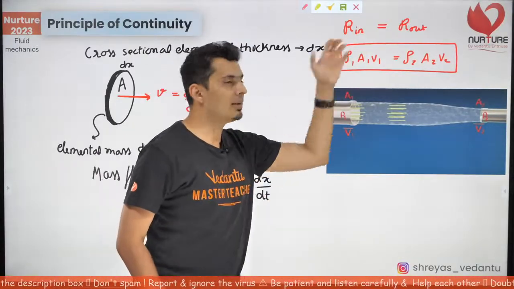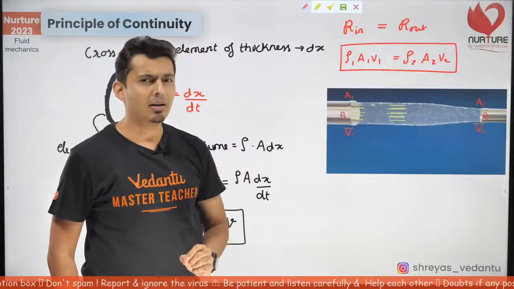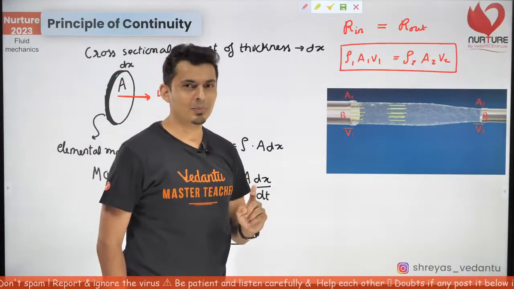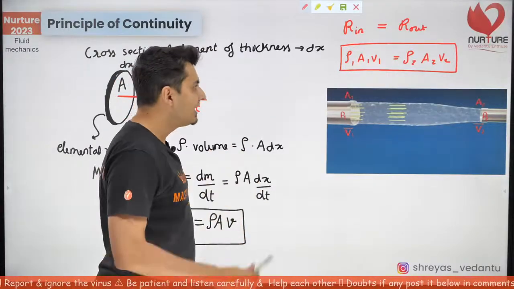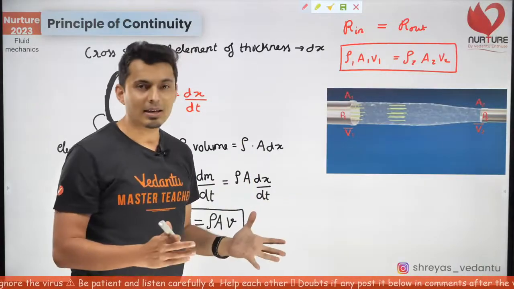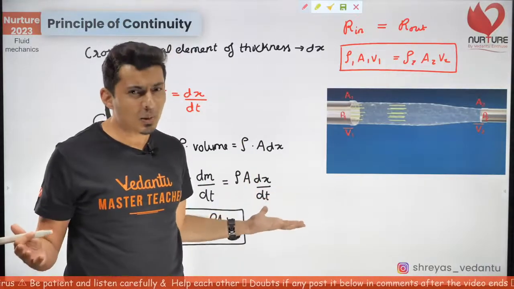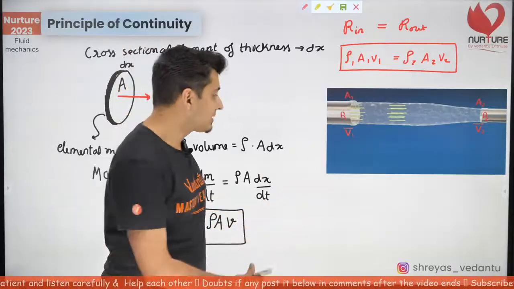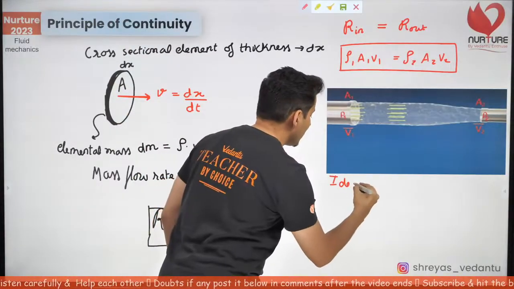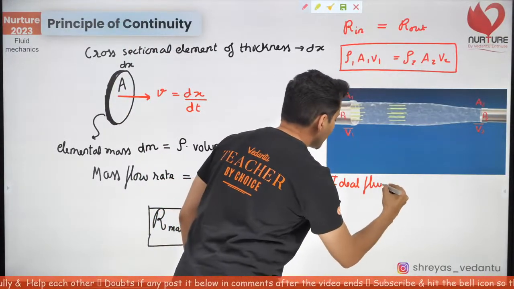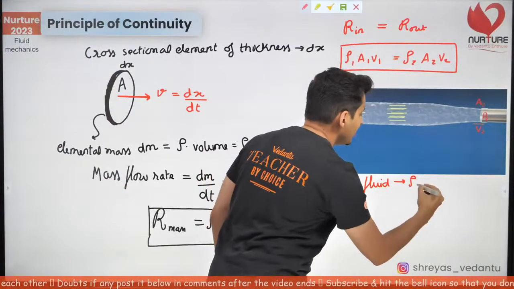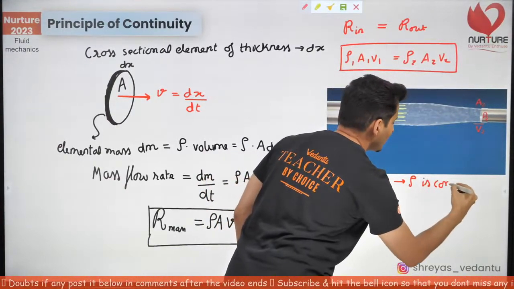But most often you are going to find that the density will be equal. Like liquid, the density does not change. In case of an ideal fluid, density is constant.